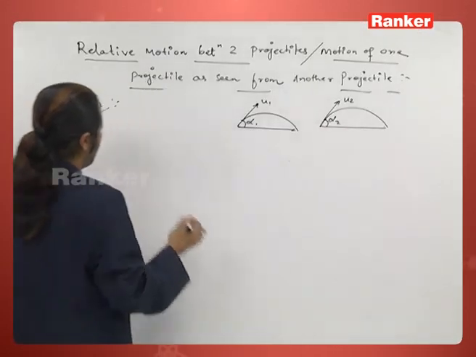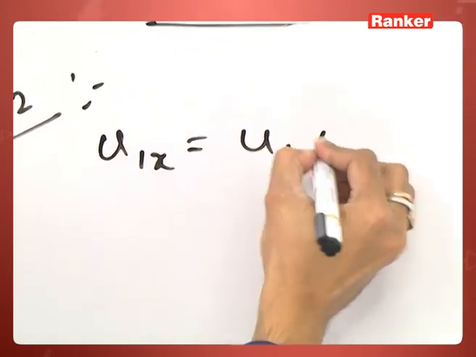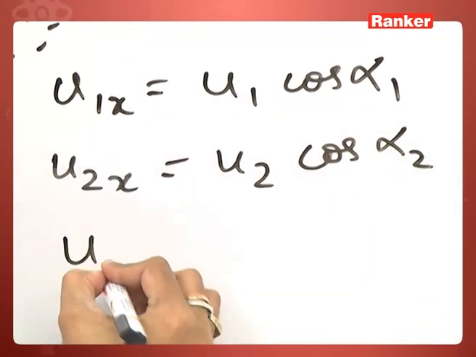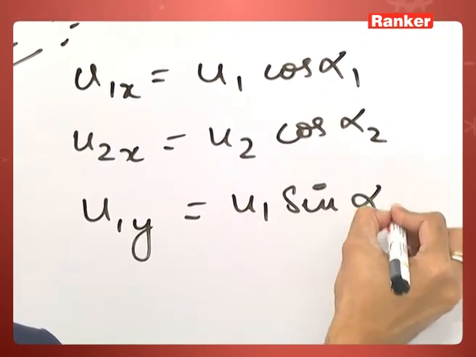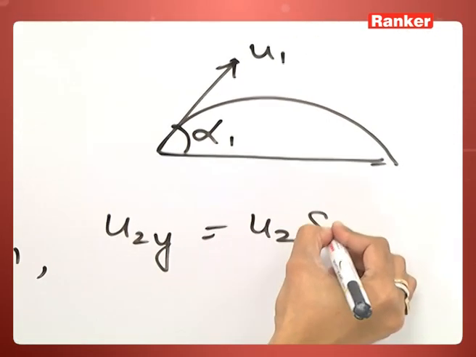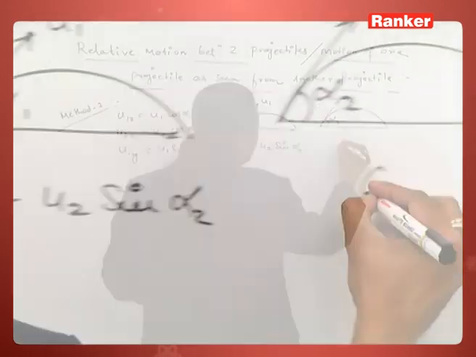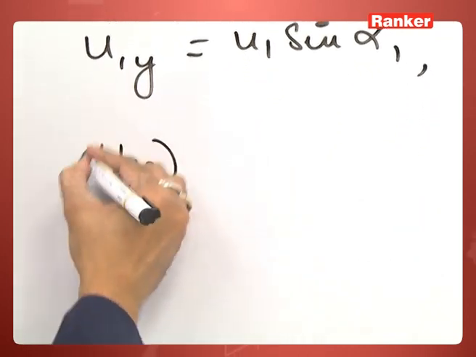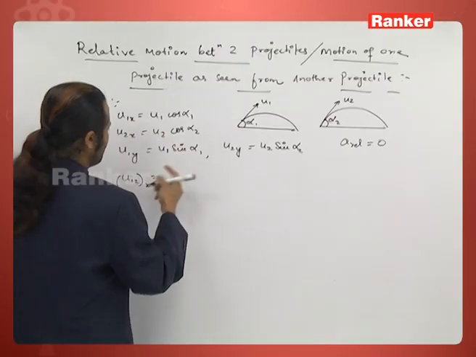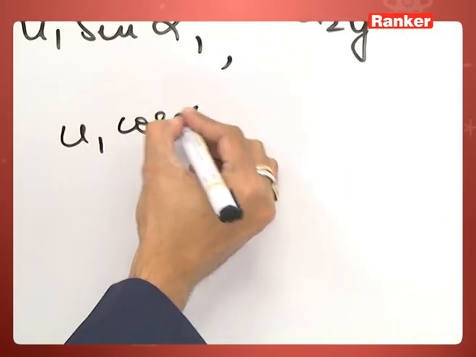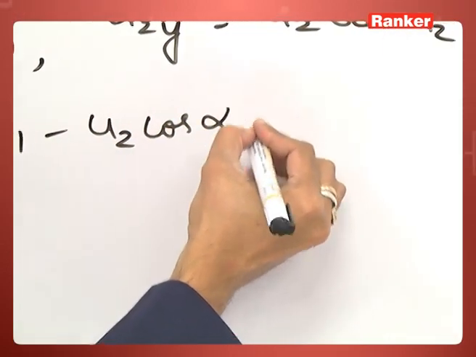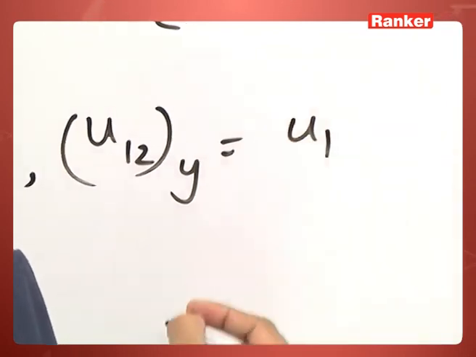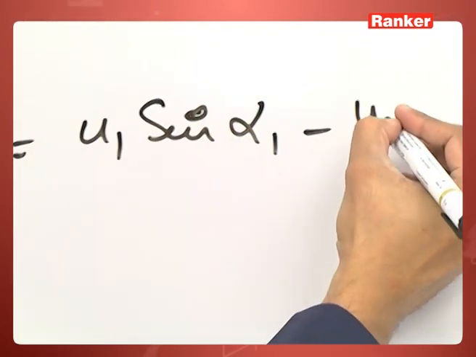Now let us have u1x is equal to u1 cos alpha 1, u2x is equal to u2 cos alpha 2, u1y is equal to u1 sin alpha 1, u2y is equal to u2 sin alpha 2, and a relative is 0. So I can write u12x is u1x minus u2x. So this is u1 cos alpha 1 minus u2 cos alpha 2, and u12y will be u1 sin alpha 1 minus u2 sin alpha 2.